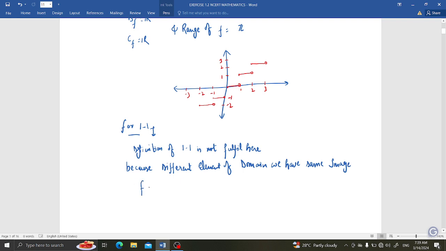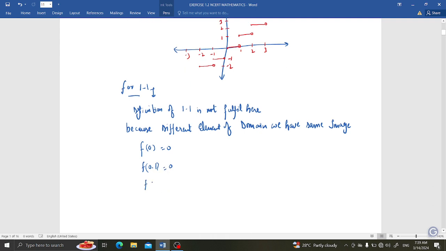We observe that f of 0 is 0, but f of 0.1 is also 0, and f of 0.2 is also 0. Observe that 0 is not equal to 0.1, 0 is not equal to 0.2, and 0.1 is not equal to 0.2, because they are at different positions on the real line, so they are different real numbers. It implies that f is not a one-one function.